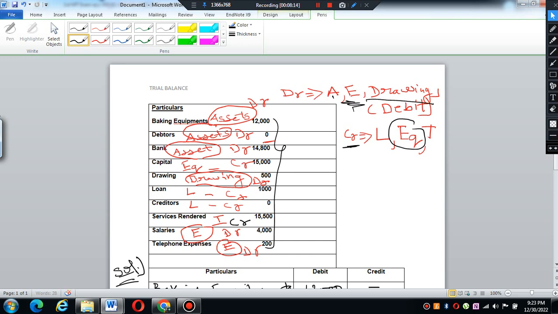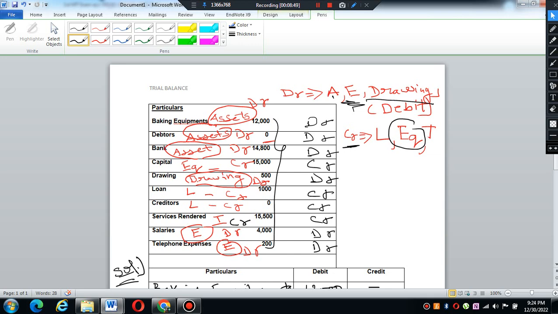So baking equipment debit, debtors debit, bank debit, capital credit, drawings debit, loan credit, creditors credit, income credit, expenses debit. Again listen carefully.